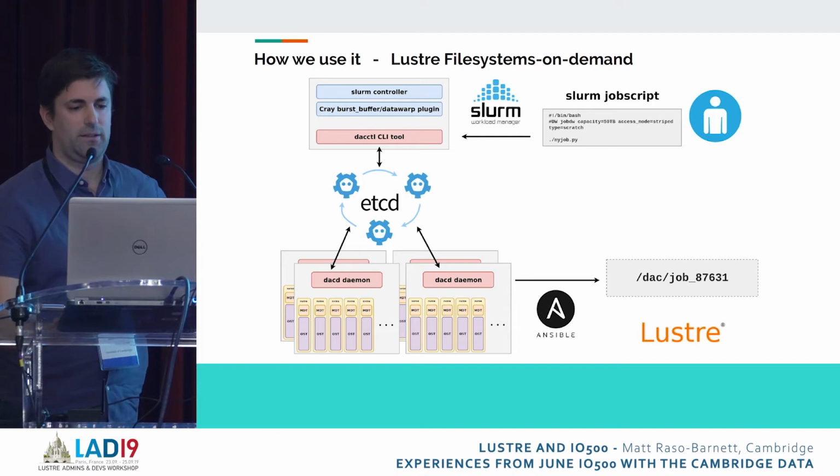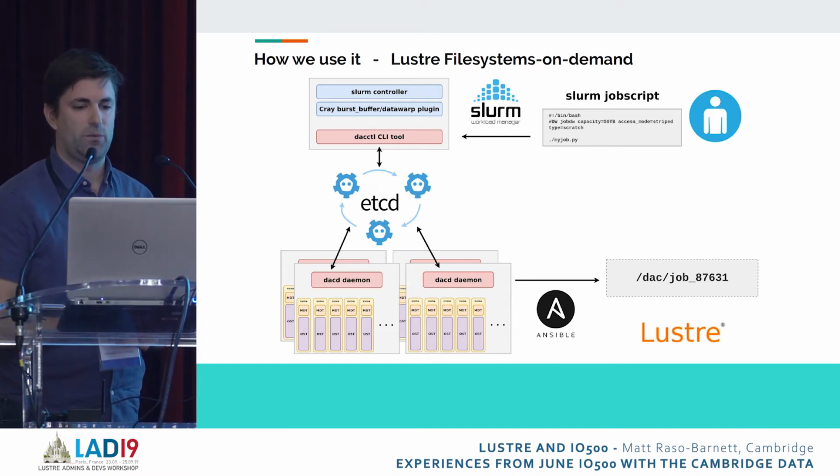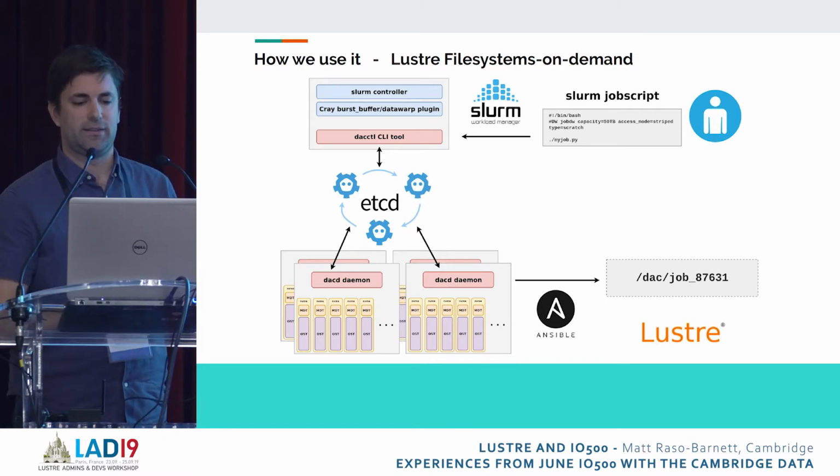We're using the Cray burst buffer DataWarp interface, which is like a Slurm plugin for burst buffers within Slurm, and we've made an implementation that uses that interface but creates Lustre file systems on this hardware for us.